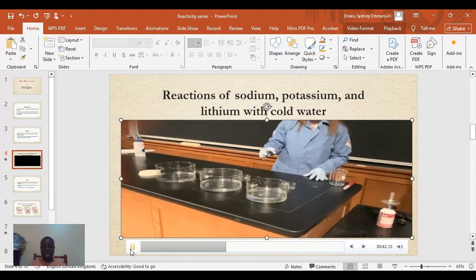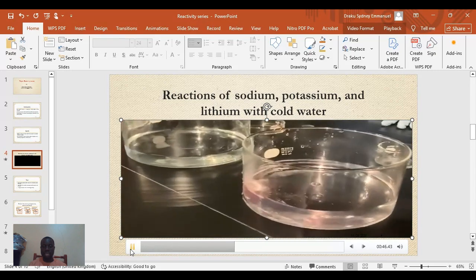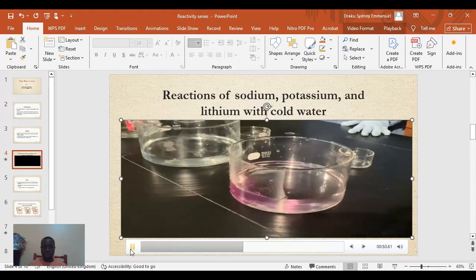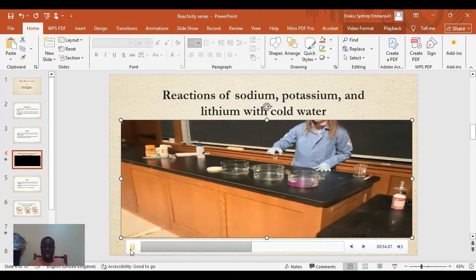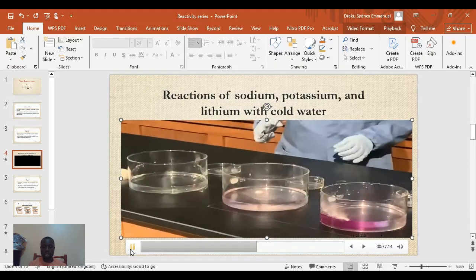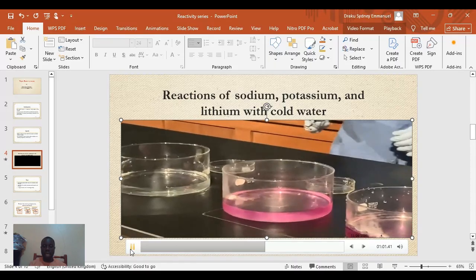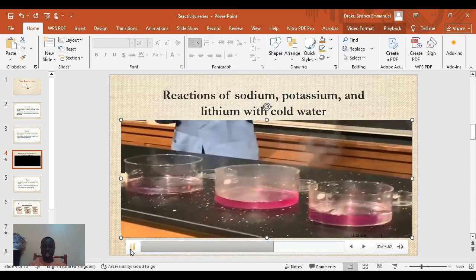Here we are having a reaction between lithium and water. In the next slide, you are going to pause as you watch this video and make some observations, and then you answer the tasks which are assigned to you. Here we have a reaction with sodium, which is the next one. How sodium reacts with water. You can see that kind of explosion.